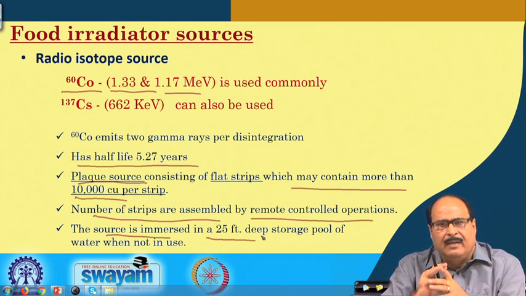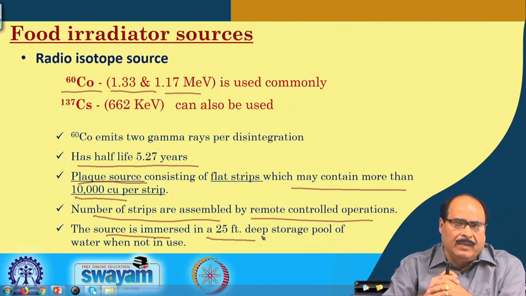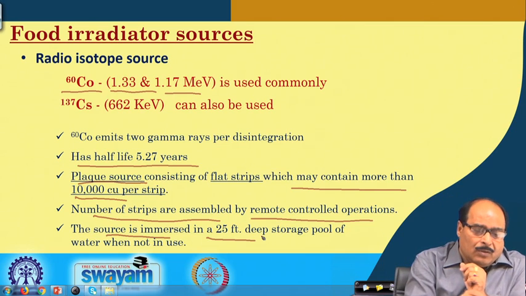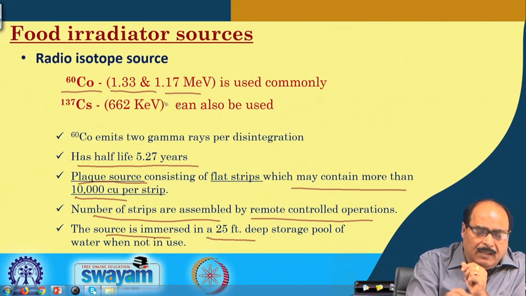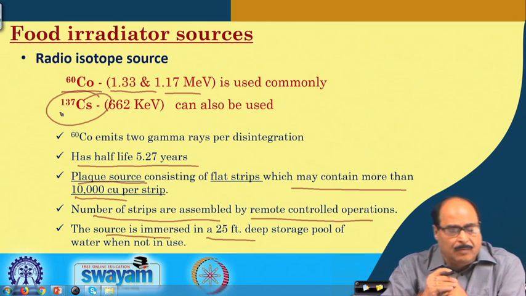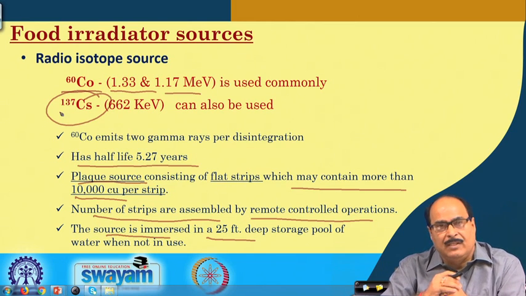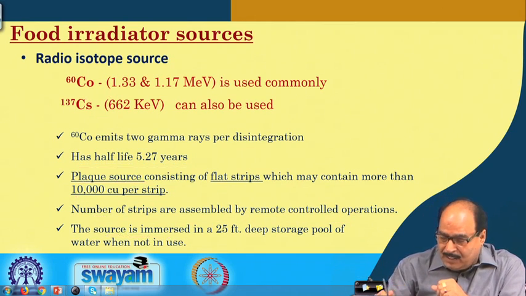This is just to prevent the escape of radiation into the environment. So, cobalt 60 is used presently, but cesium 137 can also be used. It also has good potential for application in food processing.